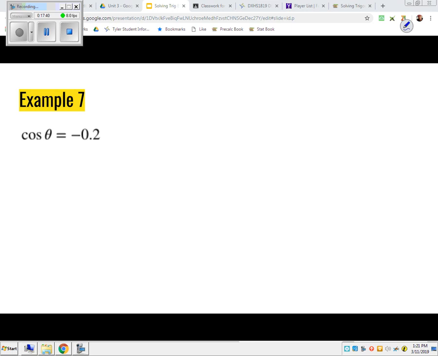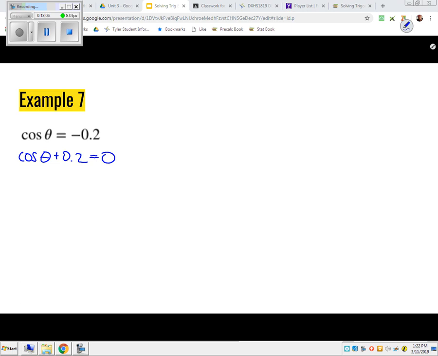Add it to the other side. So this helps. I don't think that helped us. It's a good idea.